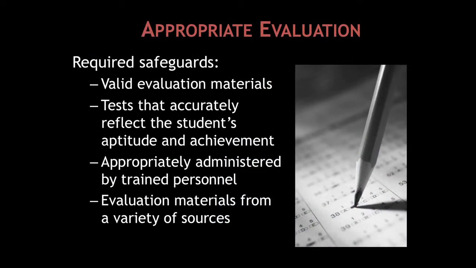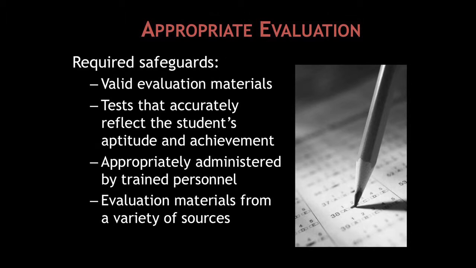Schools must provide parents with a written copy of their parent rights or procedural safeguards. If you have questions regarding your rights, contact the Utah Parent Center for further explanation. An appropriate evaluation must include the following safeguards. Valid evaluation materials must be used.